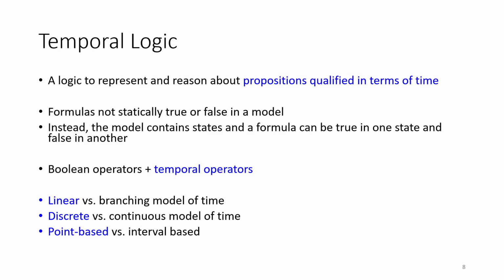There are some distinctions. So, for example, there is a model of time which is linear, which means that every point in time has one successor. So you think about time as progressing with one step at a time and only one successor at a time that you reason about.